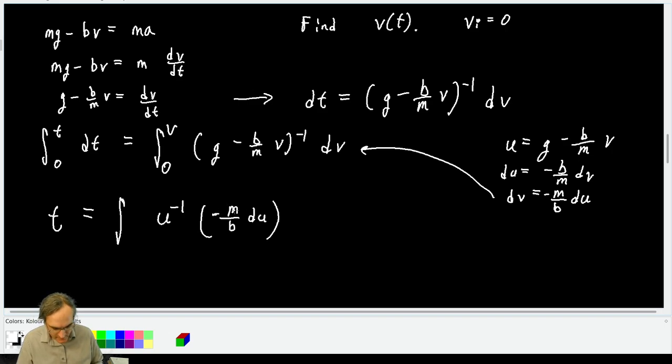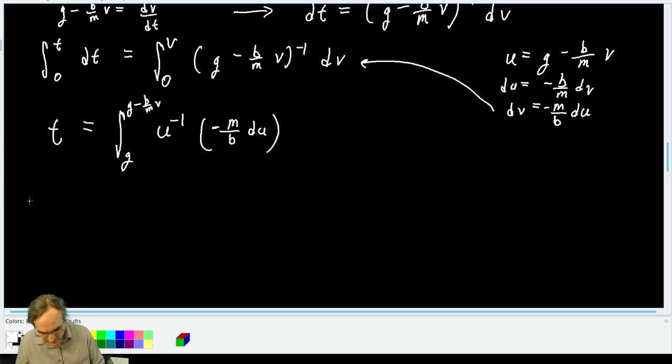Okay, I'm going to move the minus b over m to the other side immediately before I do my integration. But before I do my integration, if I plug in 0 for v, I get my lower limit is g for u. And then if I plug in v, I get, well, g minus b over m v.